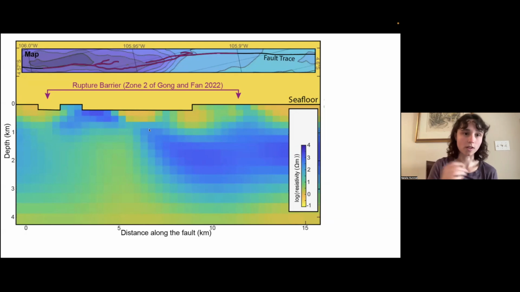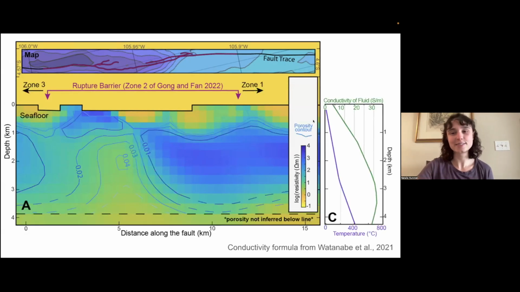And I want to use this model to estimate porosity, right? So to do that, we need to know what the conductivity of the pore fluid is. So we've made our best estimate for the conductivity of the pore fluid based on temperature profile from numerical models from Mark Bain and Emily Rowland.